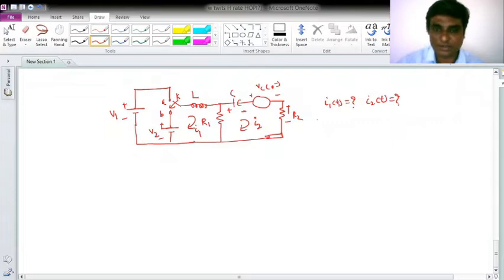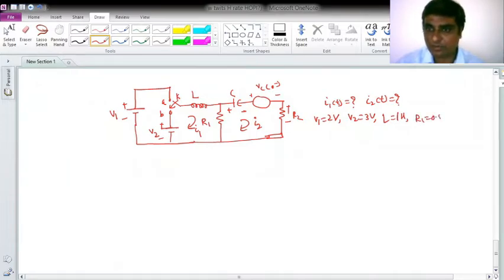Okay, and let us put in some numerical values also here. So V1 is suppose 2 volt, V2 is 3 volt, L is say 1 Henry, R1 I'll assume 0.5 ohm, C is 1/3 farad, and R2 is suppose 2 ohm.